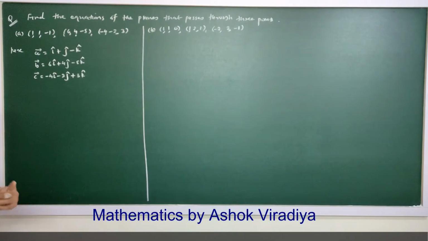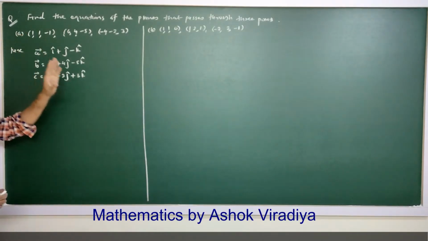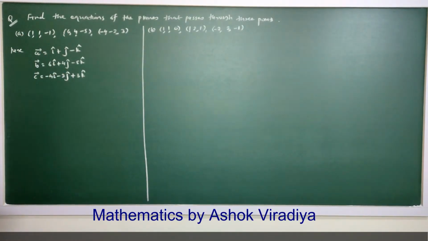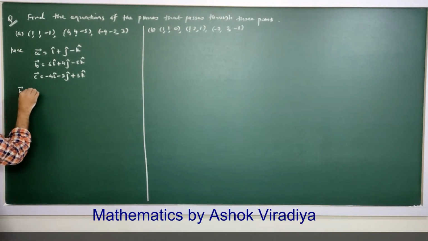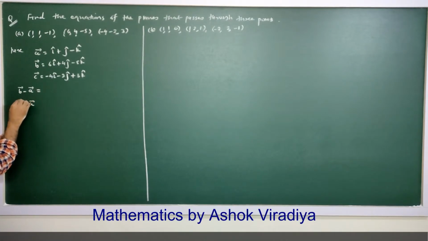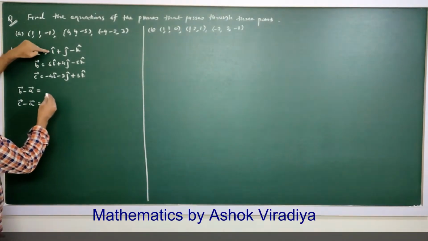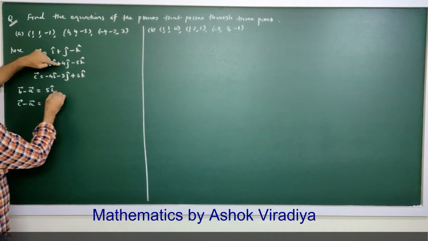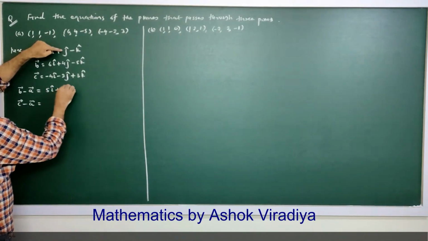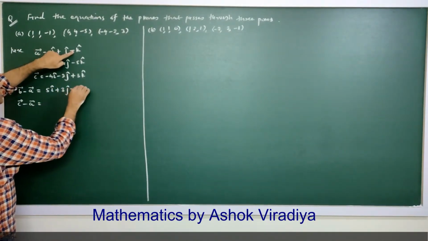Now first of all, we check collinearity or non-collinearity. Are these 3 points collinear or non-collinear? For which we find vector B minus vector A and vector C minus vector A. Vector B minus vector A, that is 6 minus 1, 5i, 4 minus 1, 3j, minus 5 plus 1, minus 4k.